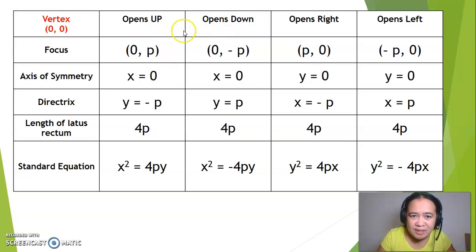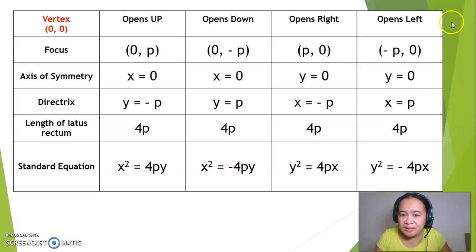Take note, if it opens up or down, x is being squared. If it opens right or left, it's the y that's being squared. Now, if it opens up or to the right, the value of the latus rectum, 4p, would be positive. But if it opens down or to the left, the 4p is negative.